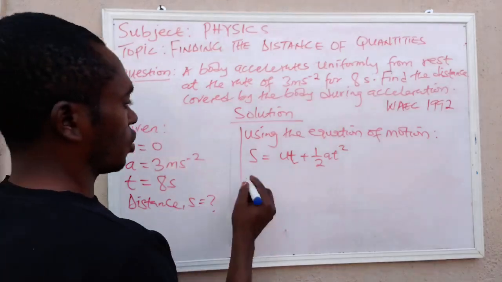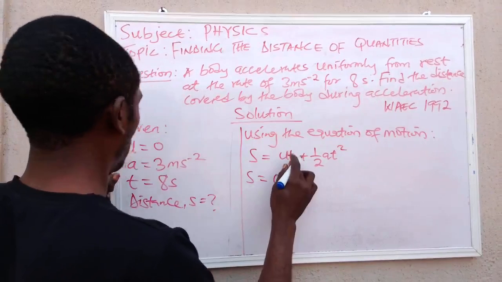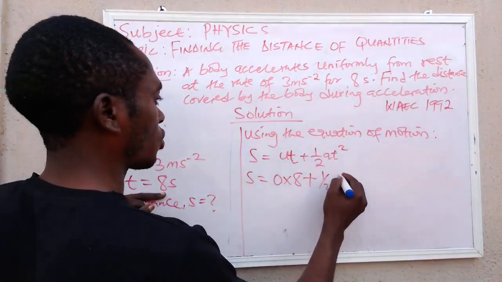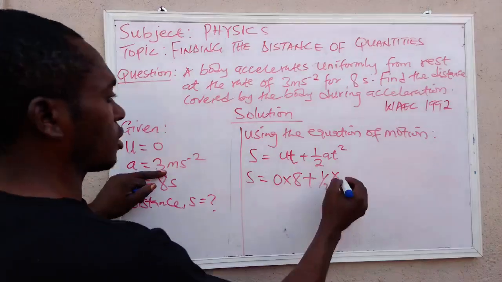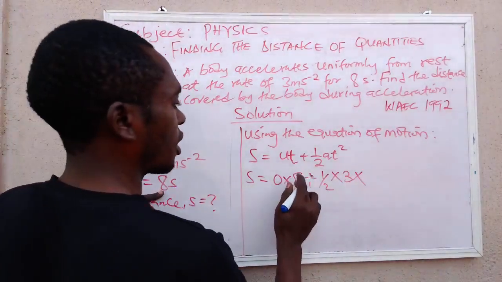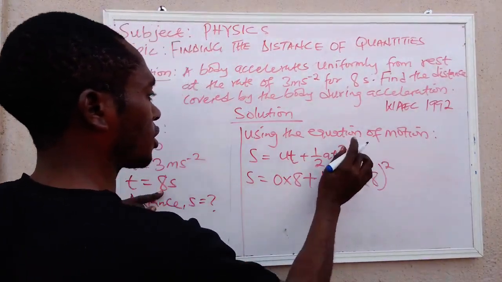So s is what we're looking for. s is equal to initial velocity, 0, times t, which is 8, plus 1 over 2 times acceleration, which is 3, times our time, 8 seconds, squared.